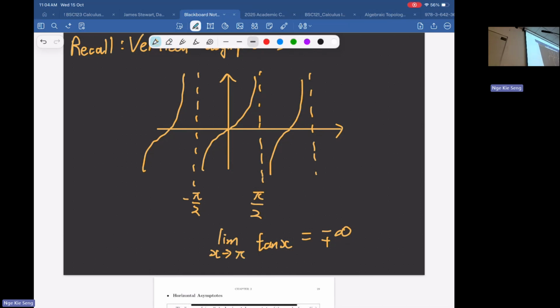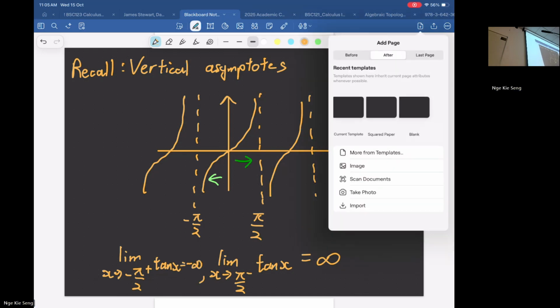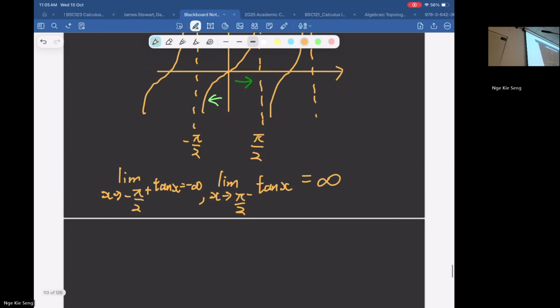If I go from the left-hand side of pi over 2, meaning coming from the left side to pi over 2, what I get is infinity. And if I go to minus pi over 2 from the right side, this is the plus side, we get minus infinity.